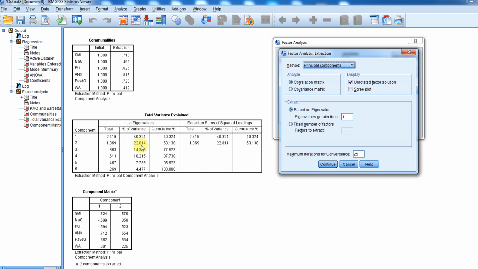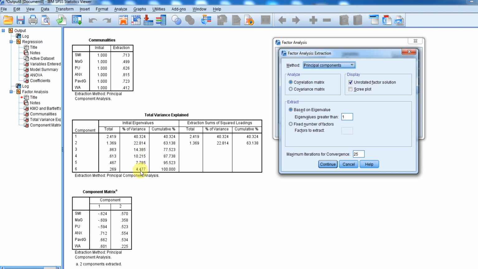So that gives us essentially 63.14% of the variation in the measured variables accounted for by both component 1 and component 2. So these percentages are additive such that when you get to the 6th component, the cumulative percentage is 100% because it's reflecting the sum of all the percentages for the components that preceded it, as well as the percentage associated with that component.